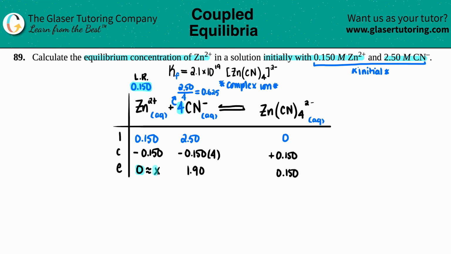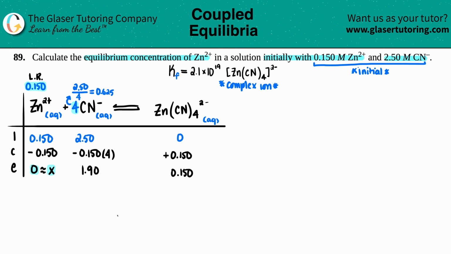This X value is going to be so low that basically if you round, it's going to round to 0. But we want to actually find out that number, so that's the X that we're going to put in. All these other numbers are predominating, so we're not going to even care that it's plus X or minus X, because we're just assuming here. That Kf value is so large, so we can assume that. So now I'm just going to bring all this over.